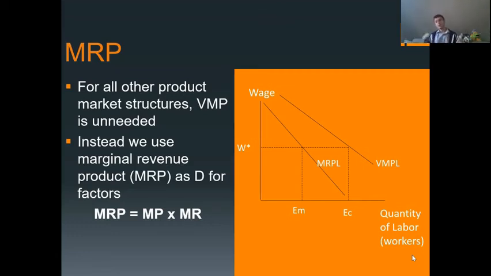So in perfectly competitive product markets, it's VMP, which is equal to MRP as the demand for factors. But in everything, always MRP, which will always be correct, MRP is equal to the demand for different factors. So the MRP sub L, which is the marginal revenue product of labor, is the demand for labor in a factor market.